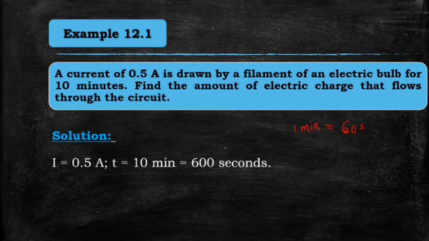What will be the 10 minutes then? If you multiply it by 10, it will be 10 minutes and we will get 600 seconds. Multiply by 10, and here also you multiply by 10, then it will be equal to 600 seconds, because second is the SI unit of time. That's why we are converting minutes into seconds.